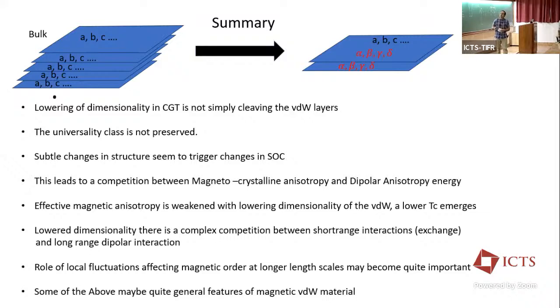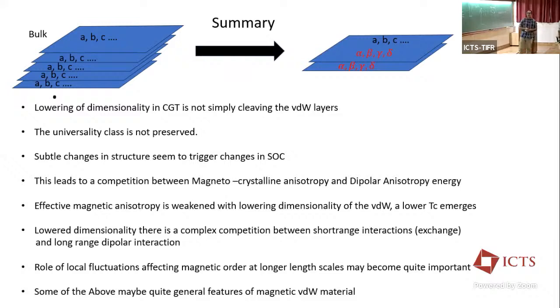So let me summarize. Before we could go to device structures, we found something very interesting: when you go from the bulk layer to the 2D layer, there is new physics which emerges, and as you lower the dimensionality, you see changes in anisotropy.